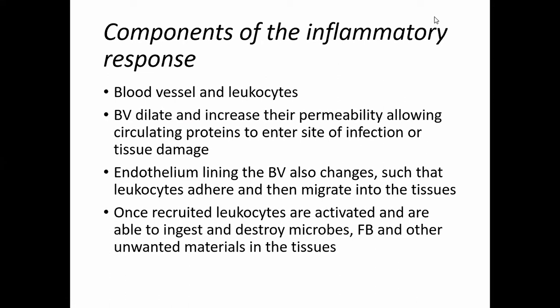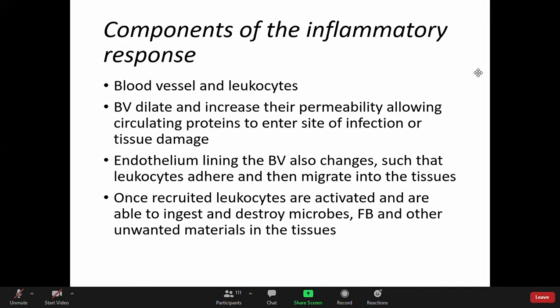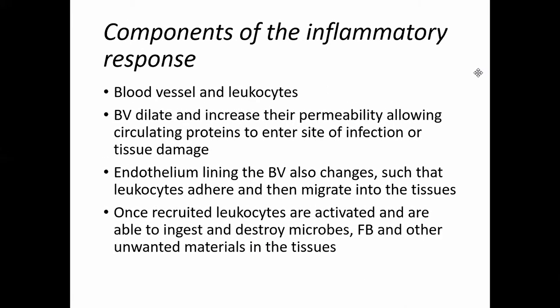And then the endothelium lining the blood vessel also changes in response to inflammation, such that the leukocytes adhere and then migrate into the tissues. And once recruited, the leukocytes are activated and are able to ingest and destroy the microbes, the foreign bodies, and other unwanted materials in the tissues.